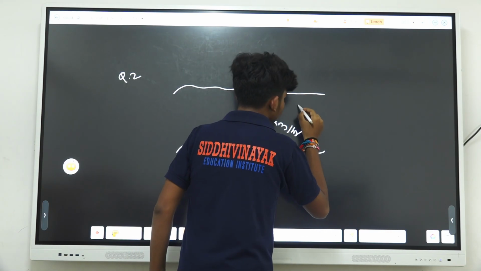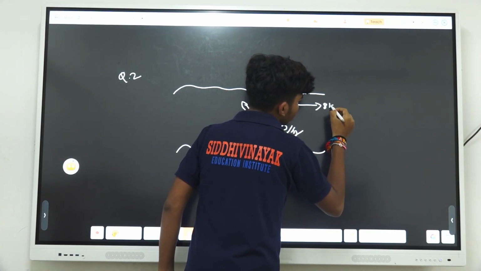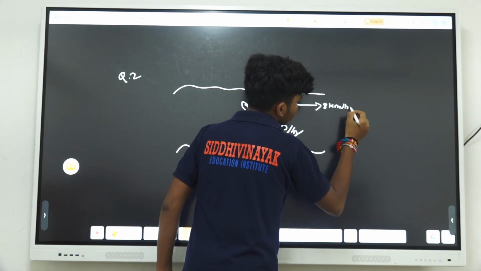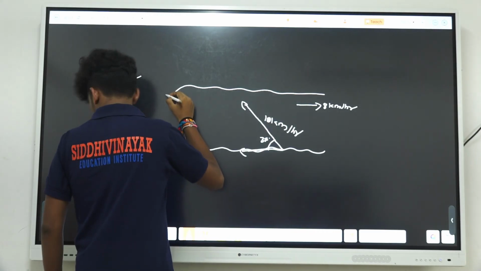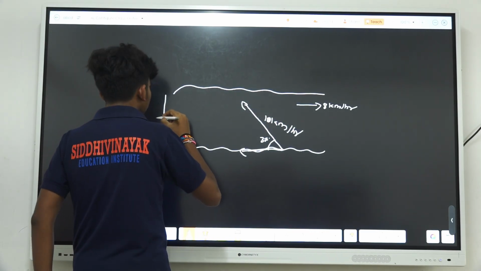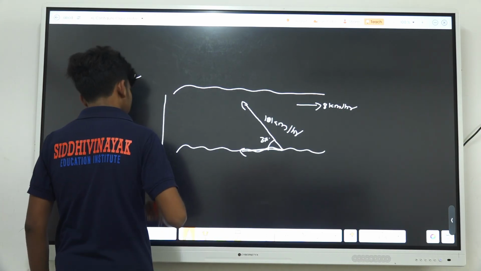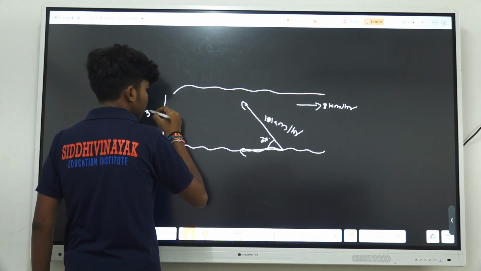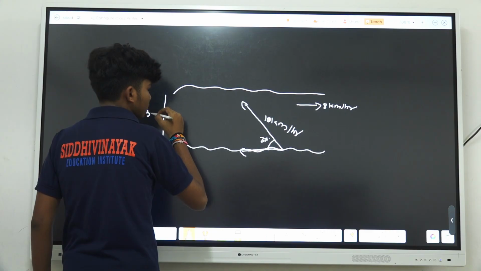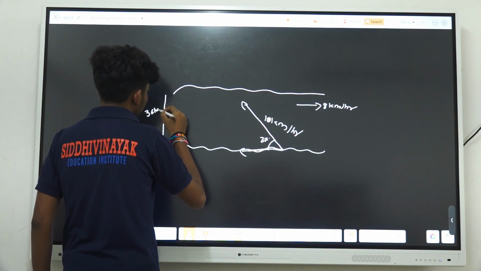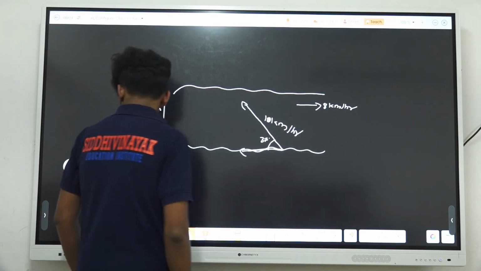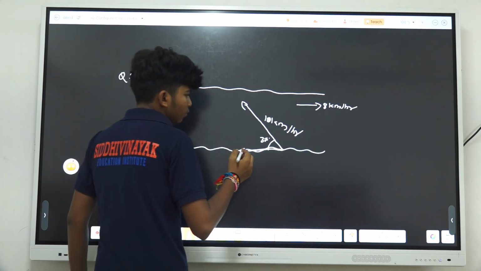The speed of the river is 8 kilometers per hour, and the width is 36 kilometers.